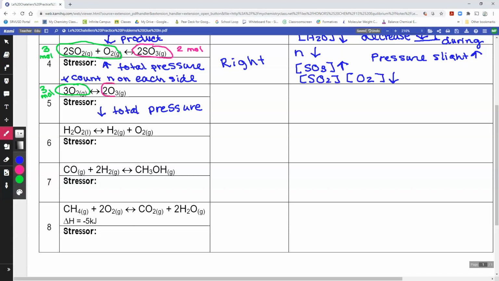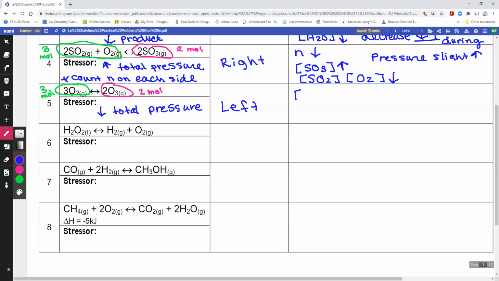And on this side, I have 2 moles. If I decrease the pressure, I need to proceed in the direction that would create more particles, more moles of gas. So I'm going to need to go in the backwards direction. I'm going to need to go to the left.